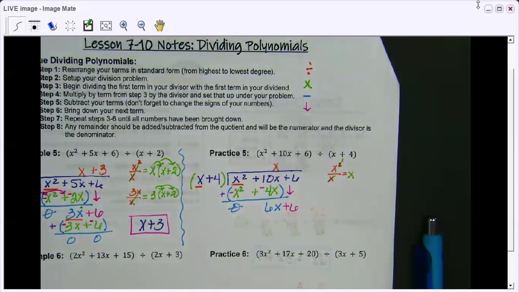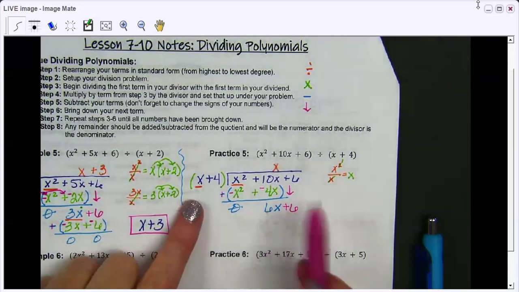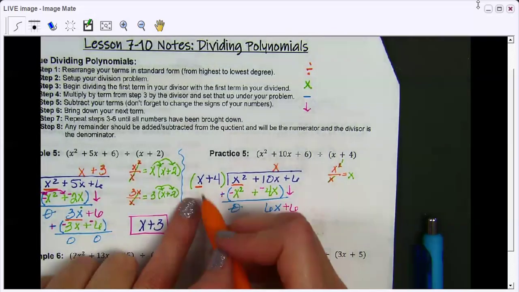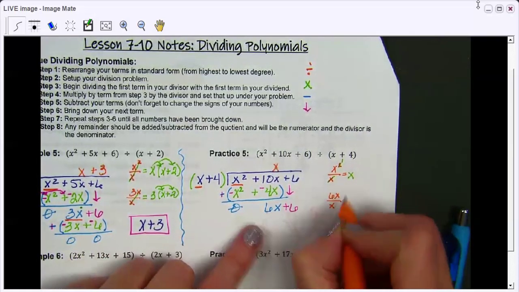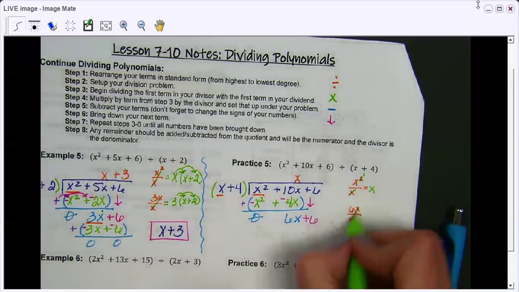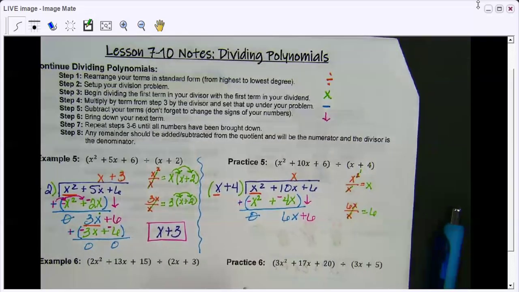You have a question? All right, let's do it again. How many times will x go into 6x? Well, if you didn't know, you just divide it. Your x's cancel out and you get 6.